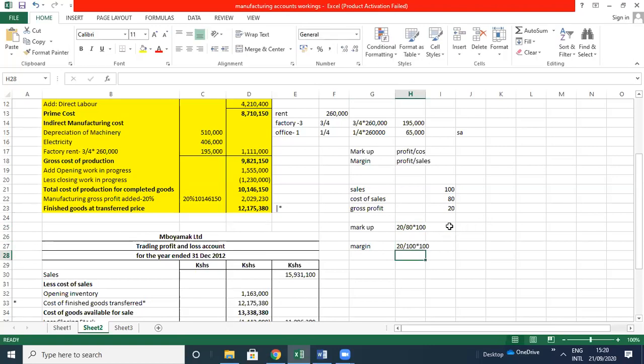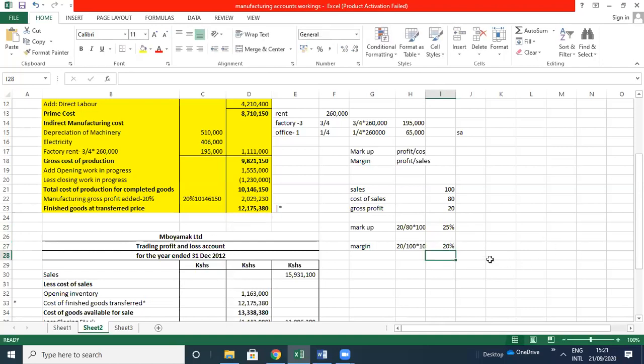So what would you get as the percentages here? Here you will get 25%, and here you will get what? 20%. So those two are different.